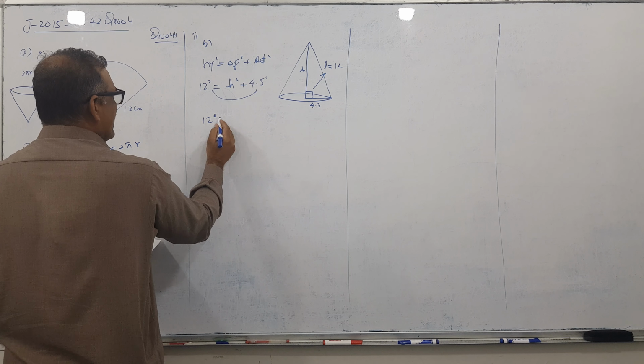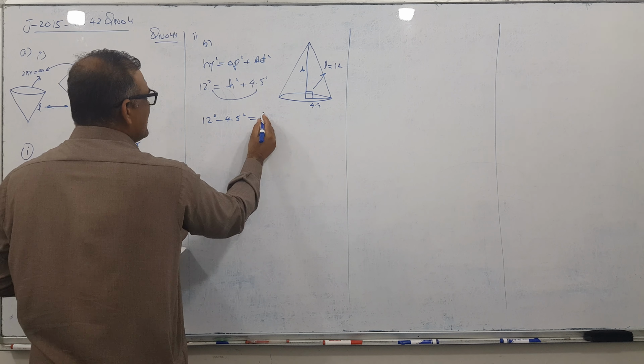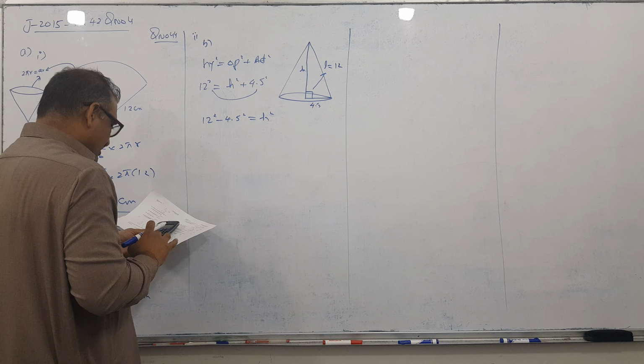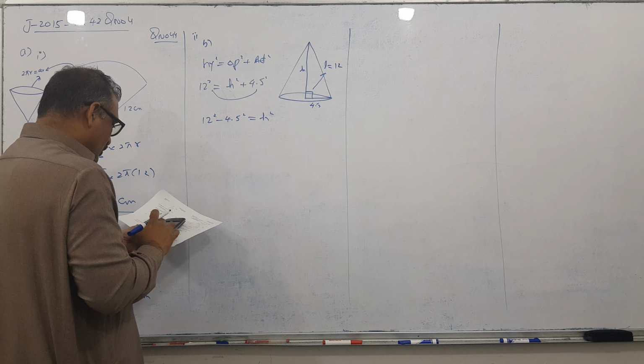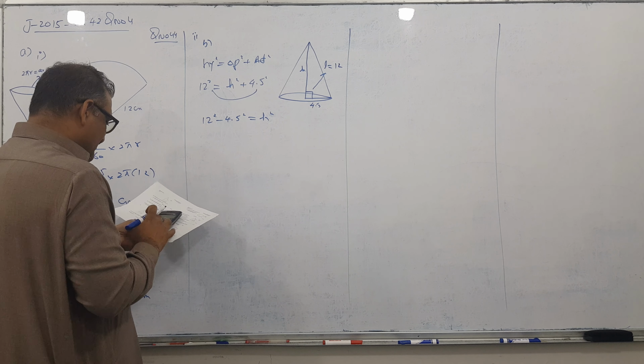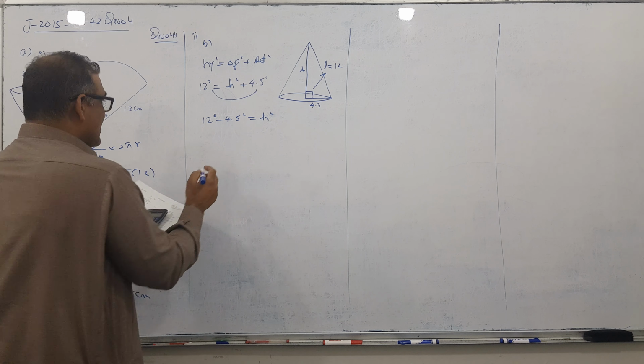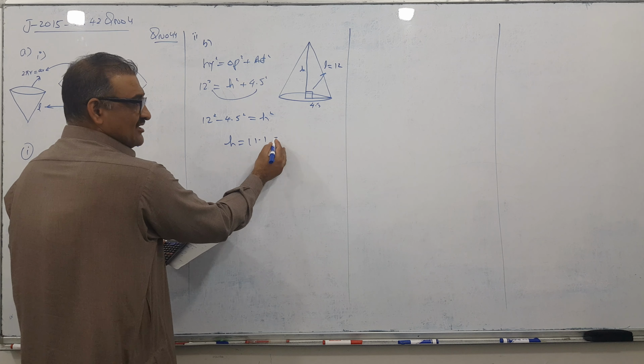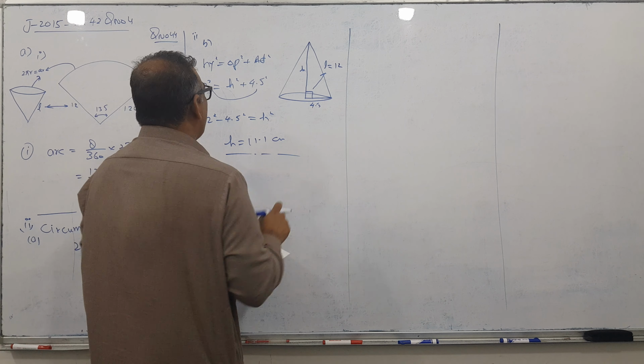So 12 squared minus 4.5 squared gives H squared. Taking the root of this answer gives H as 11.1 centimeters. This is very clear.